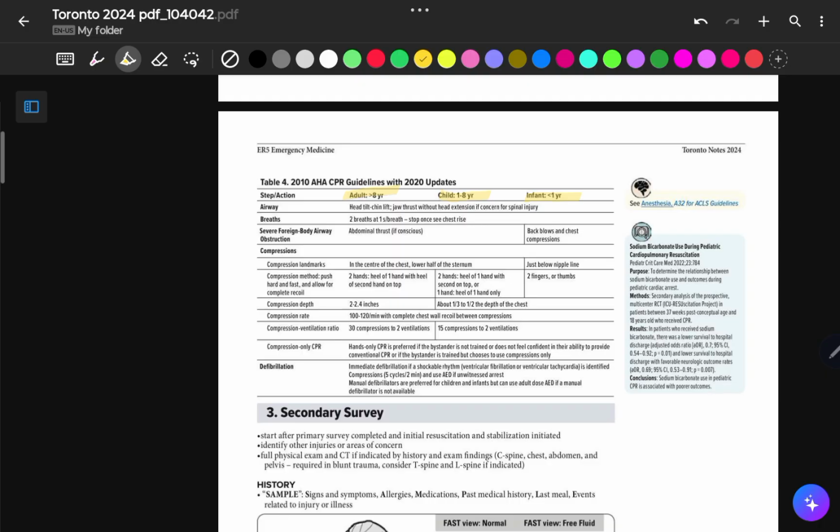If the patient is conscious, sit them up or have them stand up, and then you do an abdominal thrust.